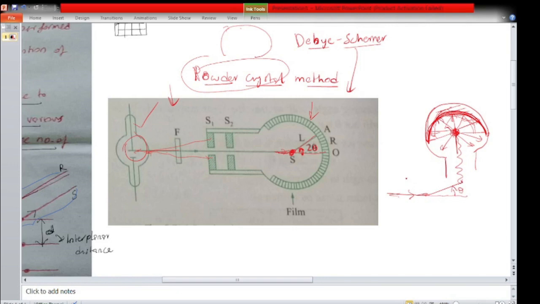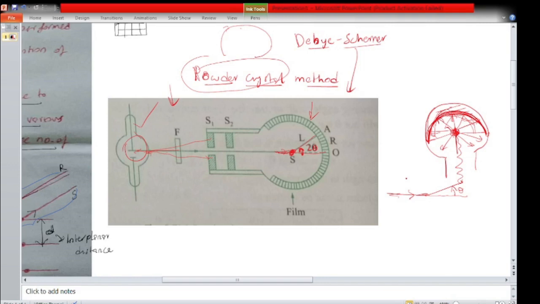They are randomly arranged, so we take the 2 theta angle. The reflected X-rays will lie on the surface of a cone, with the vertex at the specimen, based on the photographic film, and having a semi-vertical angle 2 theta.